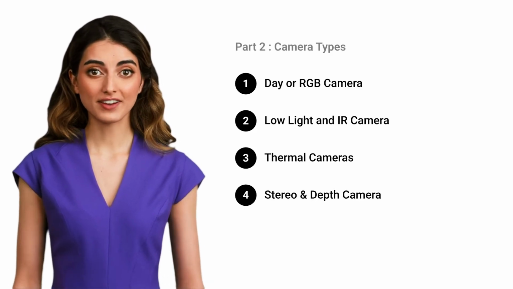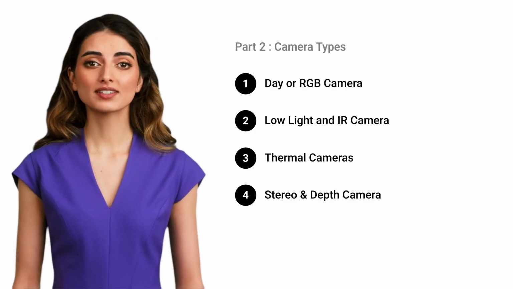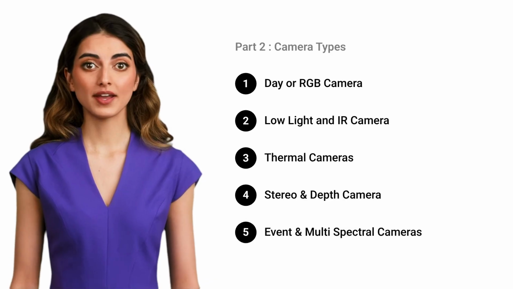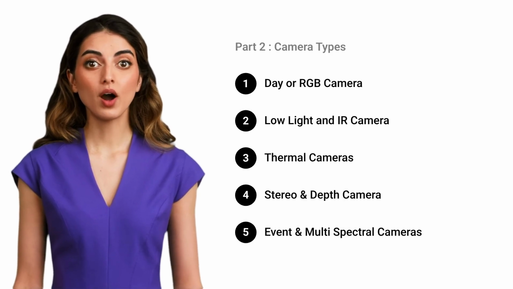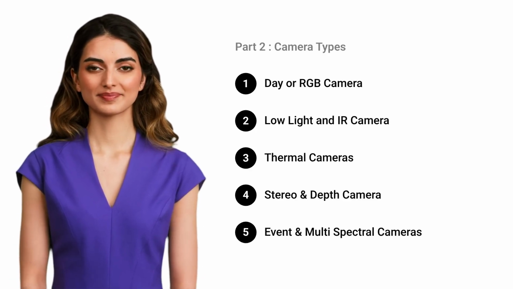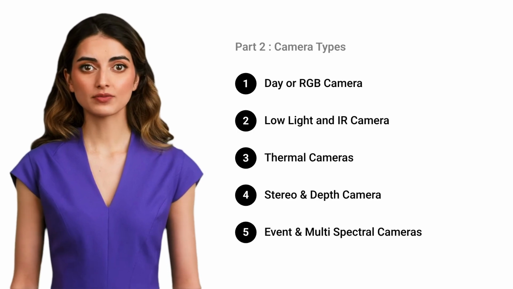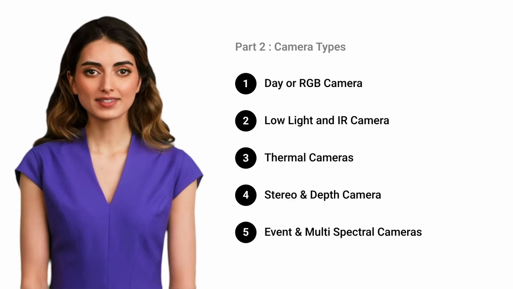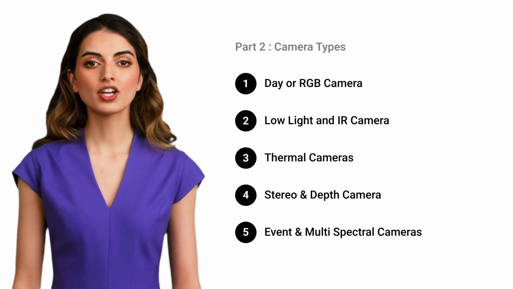After that, we will cover stereo and depth cameras, which help measure distance and detect obstacles. Finally, we will introduce event and multi-spectral cameras, which support high-speed sensing, advanced perception, and specialized mission applications. Together, these camera types form a complete visual sensing system for a UGV. Let's start the session by understanding day or RGB cameras.